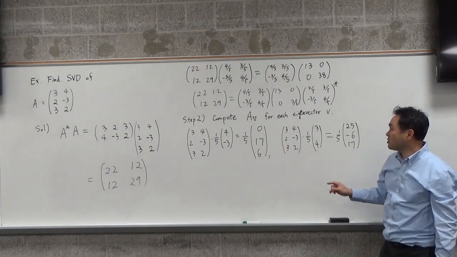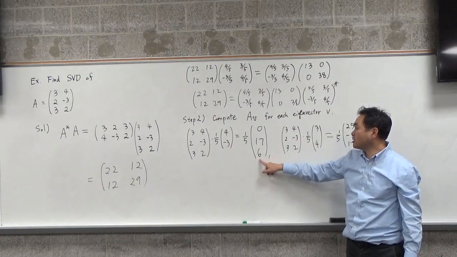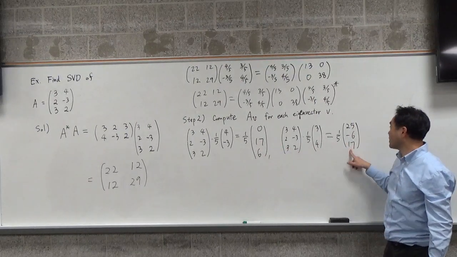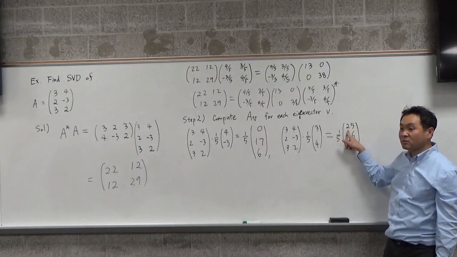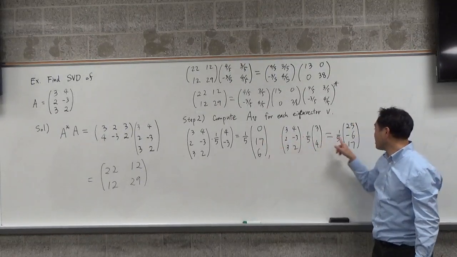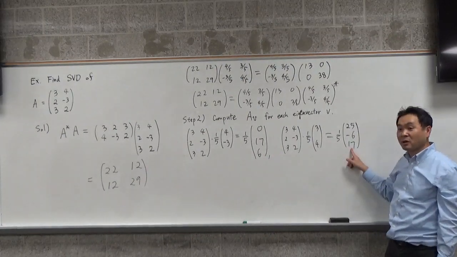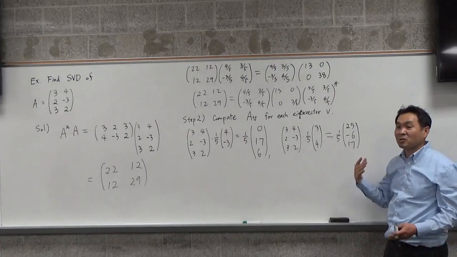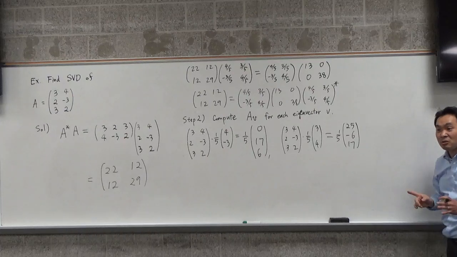So what you see is that this thing here and this thing here, if you do a dot product between these two vectors, you get 0. Let's check that. 0 times 25 is 0. 17 times negative 6, whatever that is, but here it's 6 times 17 with positive. So if you do the calculation of the dot product, you get 0. So these two are indeed orthogonal to each other. Okay?